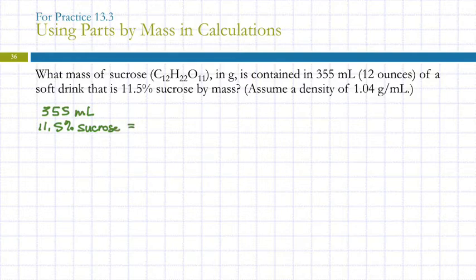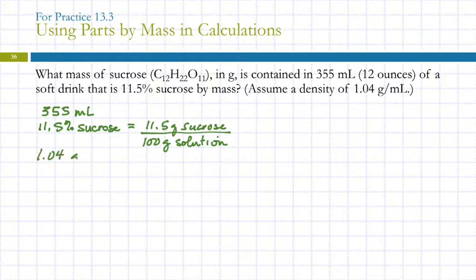Well, what does that mean? 11.5 grams of sucrose per 100 grams of solution. That looks like a conversion factor. And then they gave us the density, and whenever they give you the density, you think, I'm probably going to have to use that. Grams per milliliter.